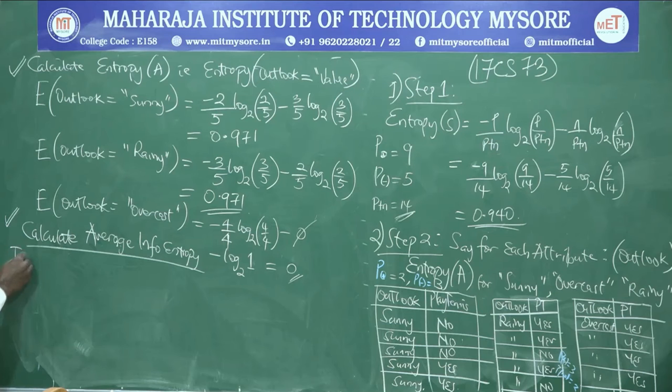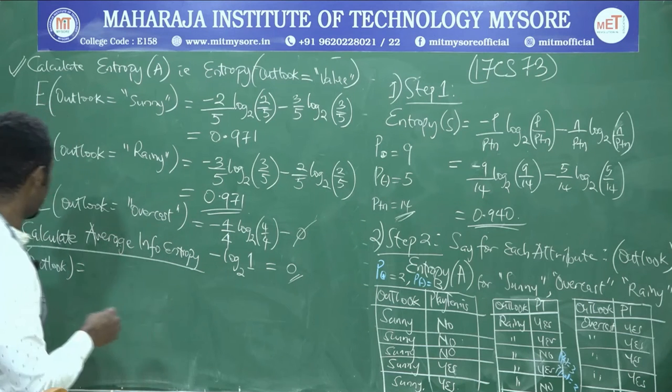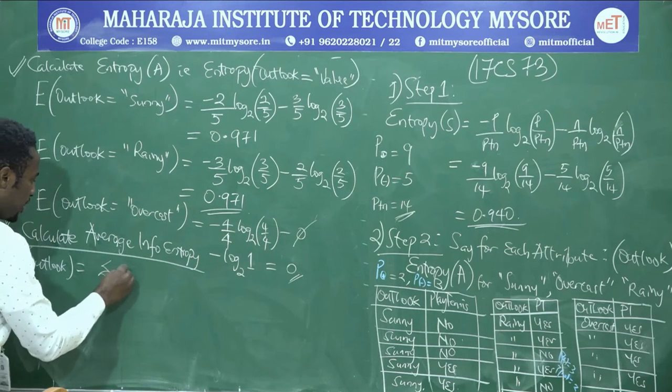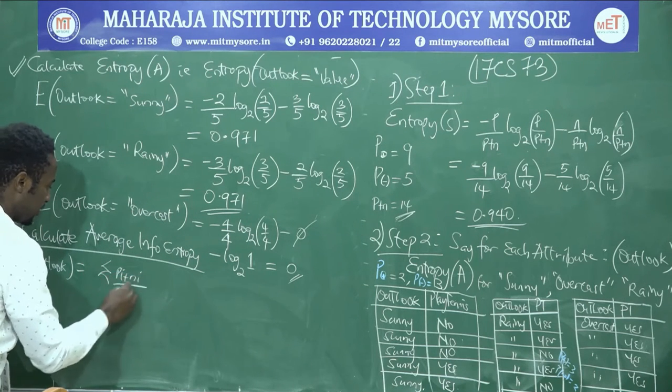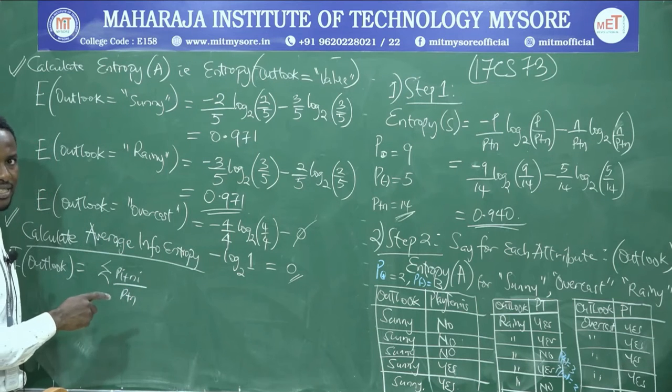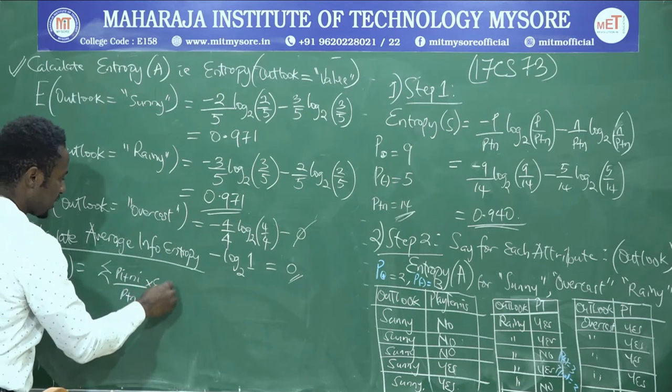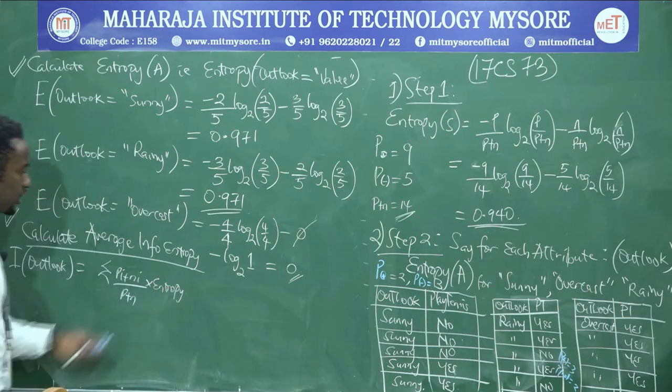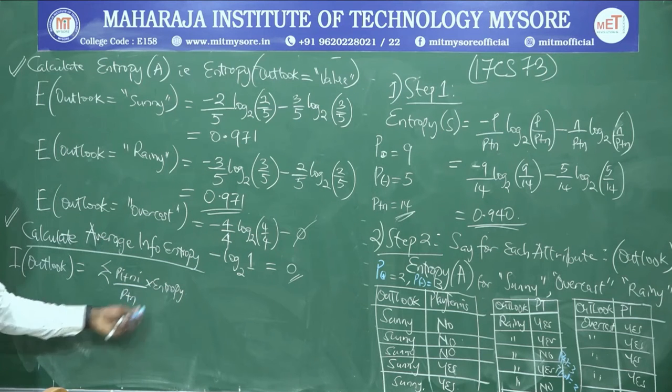So I of, what's the attribute now? Outlook equals what? We saw this summation sign, summation of Pi plus Ni upon P plus N, into the entropy, right? Did you remember this?